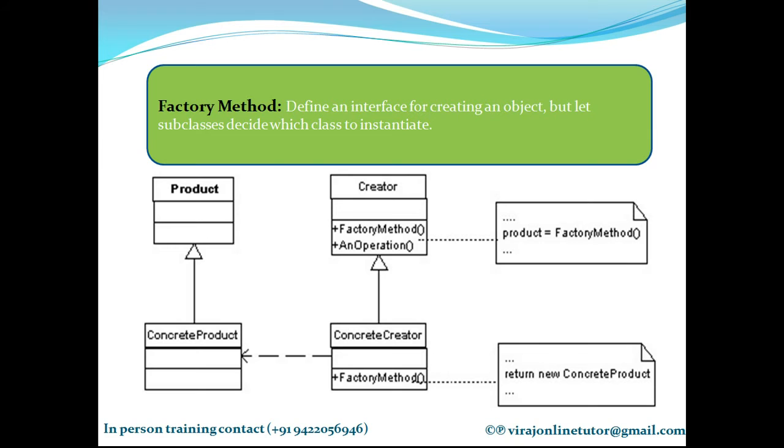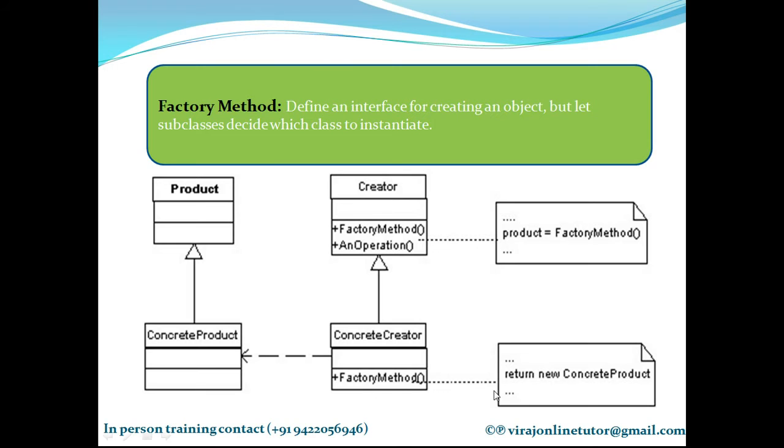Just to extend this example, let's consider that we had two concrete products, concrete product 1 and concrete product 2, both inheriting from product. Now in the factory method definition, based on a certain condition, I can either return concrete product 1 or I can return concrete product 2.